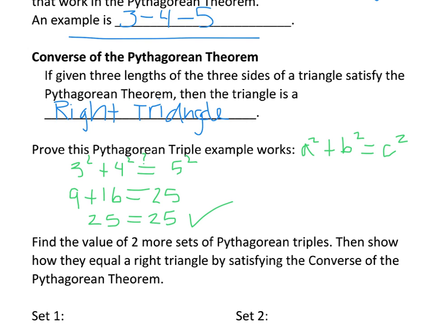It worked, so that means it is a Pythagorean triple. If we were given a triangle with those three side lengths and we got it to work like this, that means the triangle is a right triangle.